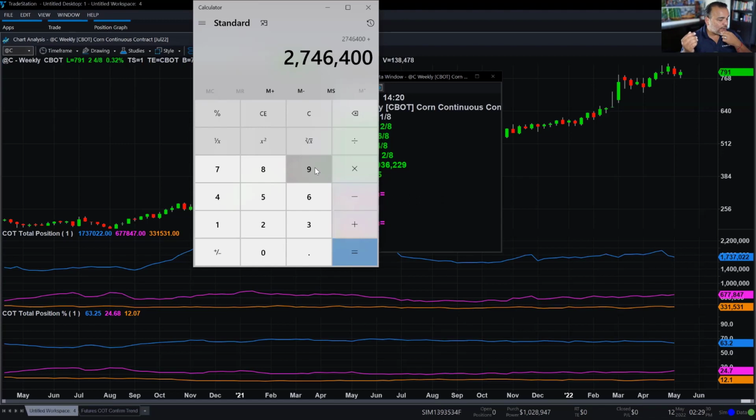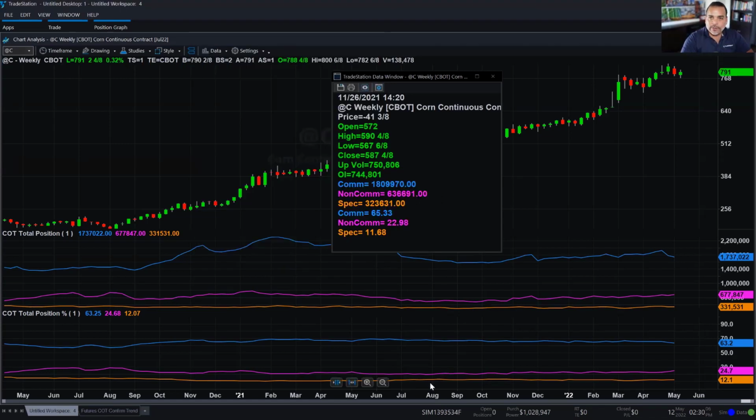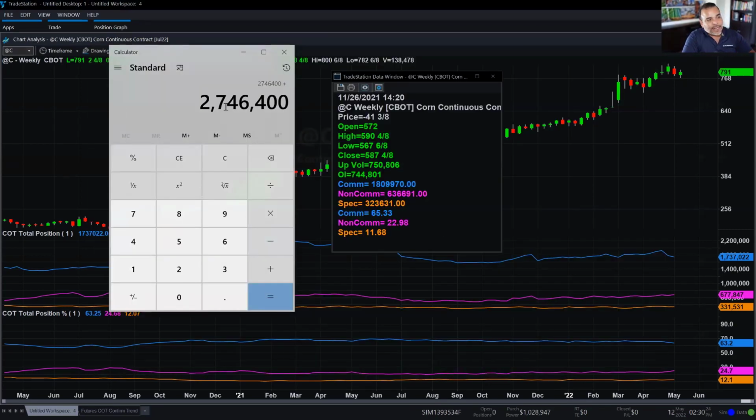Does it work for all contracts? Yes. Based on the calculator, we added up all the total position and it gives us close to about 2.7 million contracts. What the total position percent does is break down that total amount and tell you what percentage of that amount is held by commercials, what percentage is held by non-commercials, and what percentage is held by speculators.